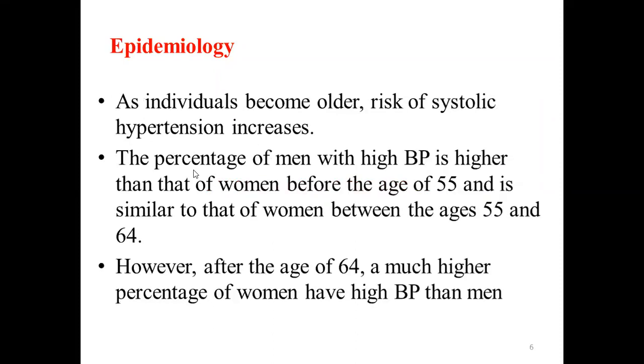Then remember, hypertension is very common as we age. As we age, the blood vessels are very stiff, and there is a pressure build up within the blood vessels. Remember, when you say hypertension, it is a pressure within the blood vessels.